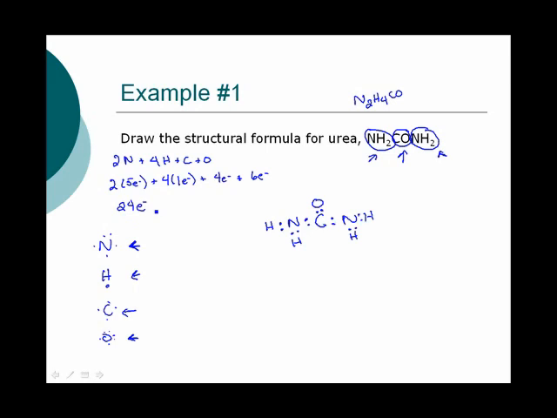Now I got to go and fill in all of my other electrons to see if there's any multiple bonds. And so I need 24. I have 6, 7, 8, 9, 10, 11, 12, 13, 14 there. I need to add 10 more. So 1, 2, 3, 4, 5, 6.